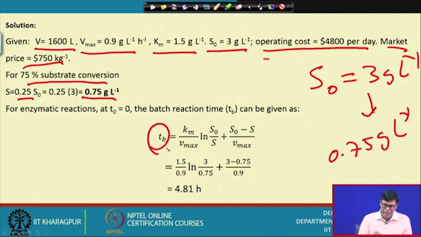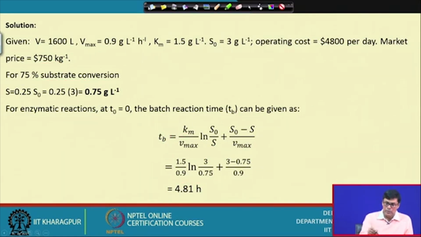The question comes, what is the batch time required? This batch time correlation we have already developed before, so I don't like to solve it again. We can put the values of Km, Vmax, S0 and S, and we can find out the batch time. This is 4.81 hours.